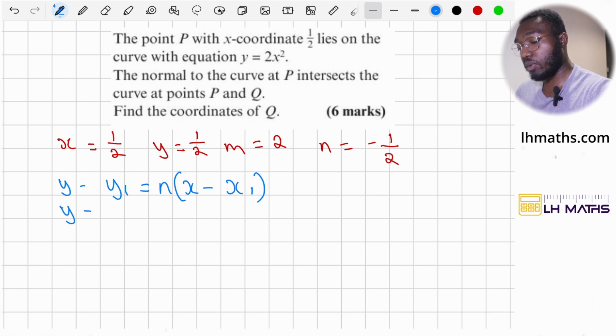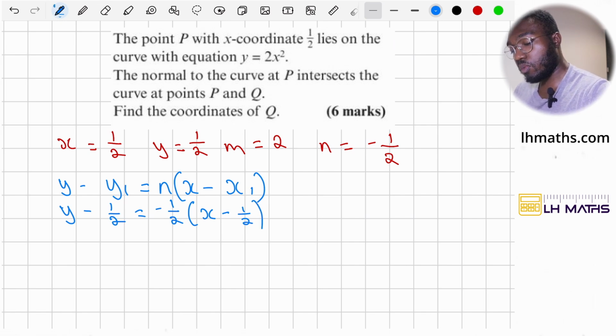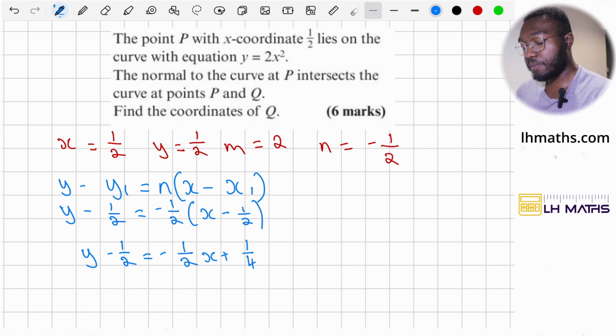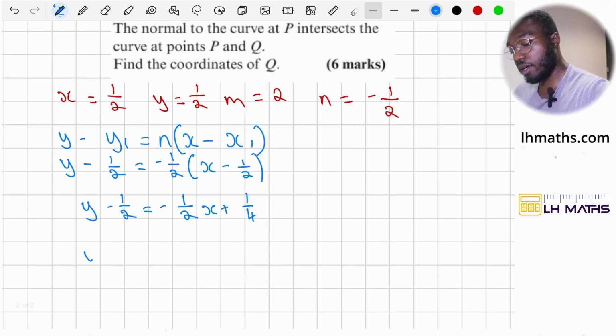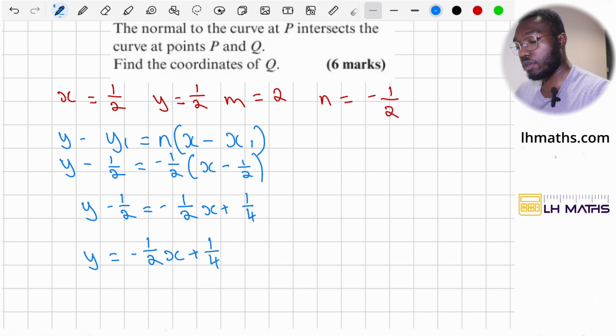So it's y take away a half is equal to minus a half x minus a half, which will be y take away a half is equal to minus a half x plus a quarter. If I just scroll down a bit, that means y is equal to minus a half x plus 1 over 4.